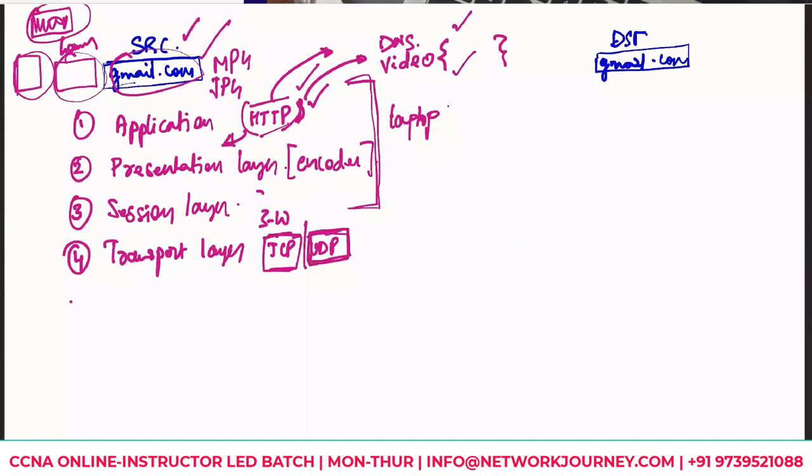Now in the next step, the transport layer needs to know how the segments can reach the guy at the destination, so it will send it to the network layer. The network layer, which works on the concept of IP addressing, will check its routing table.